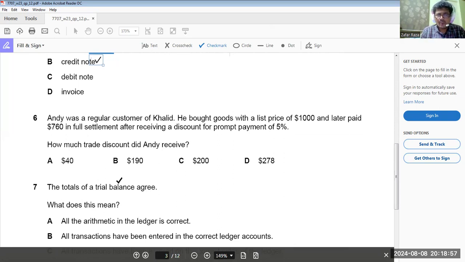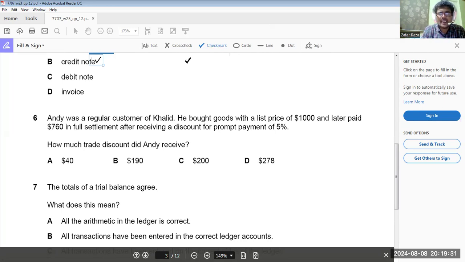Now the thing is, what is the difference between the list price and the net cash price? Actually, we have to find the amount of trade discount here. So this 760 is the net cash price. We have to calculate the invoice price. Are you getting my point? So we would come to know how much trade discount was given.